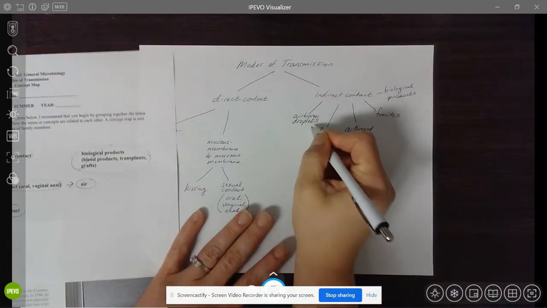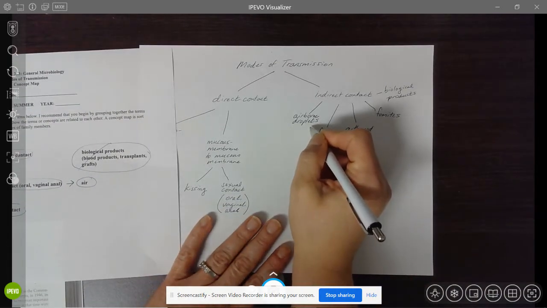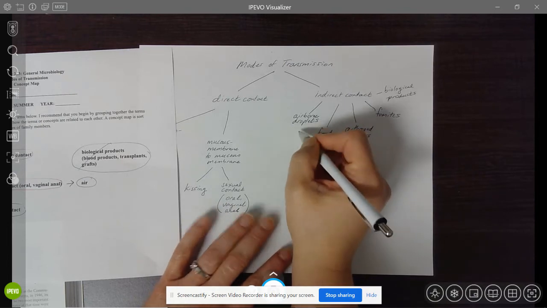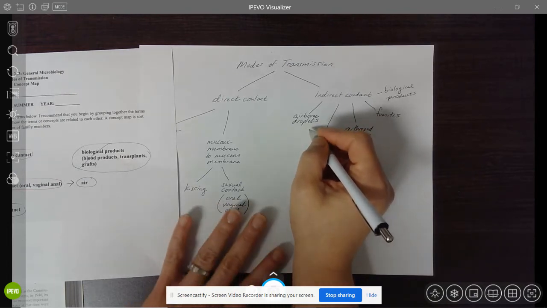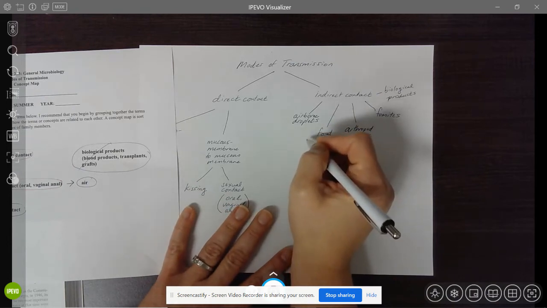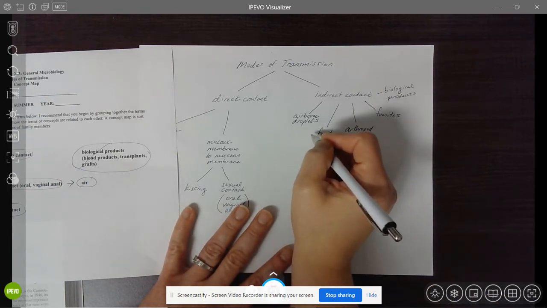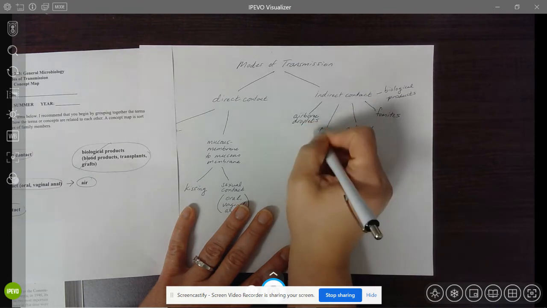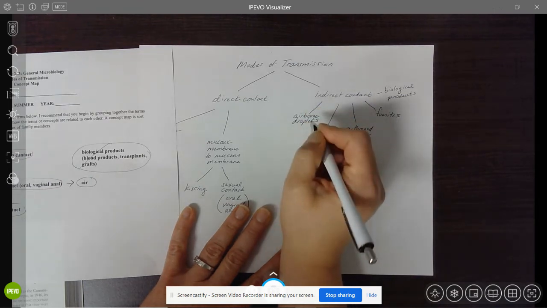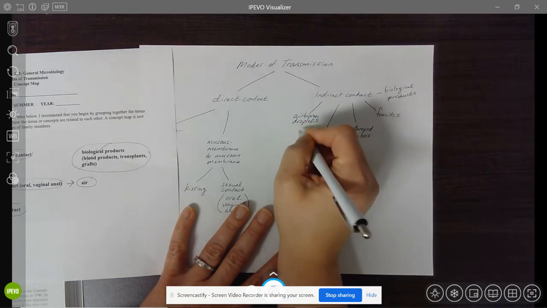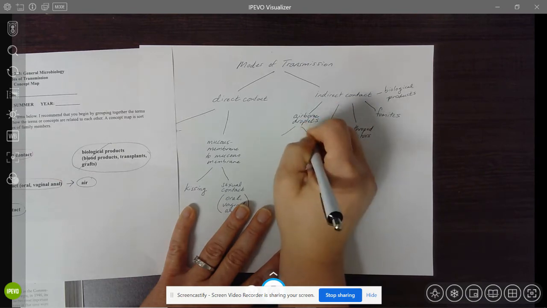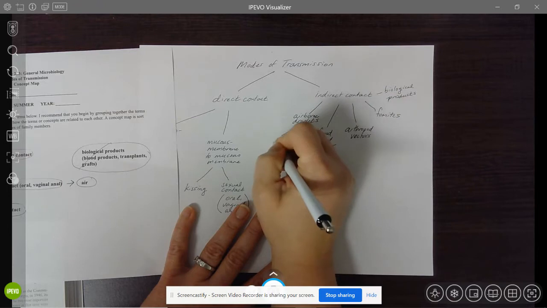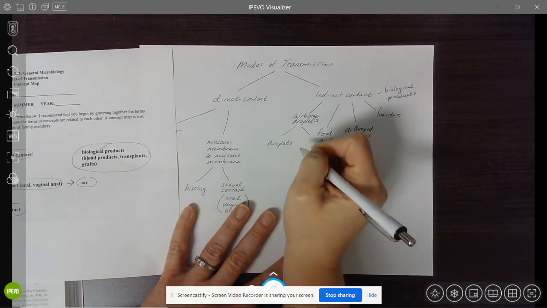So when you look under airborne droplets, your book doesn't really differentiate what's under here all that well, in my opinion, but I'm going to go ahead and outline this for you so you can have an idea of what is really going on here. So airborne droplets, you typically have two different types of droplets. So you have what are referred to as regular type droplets.